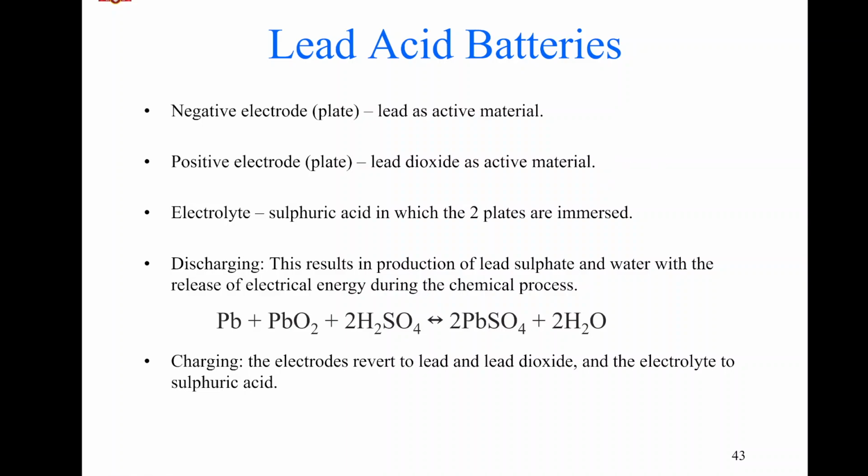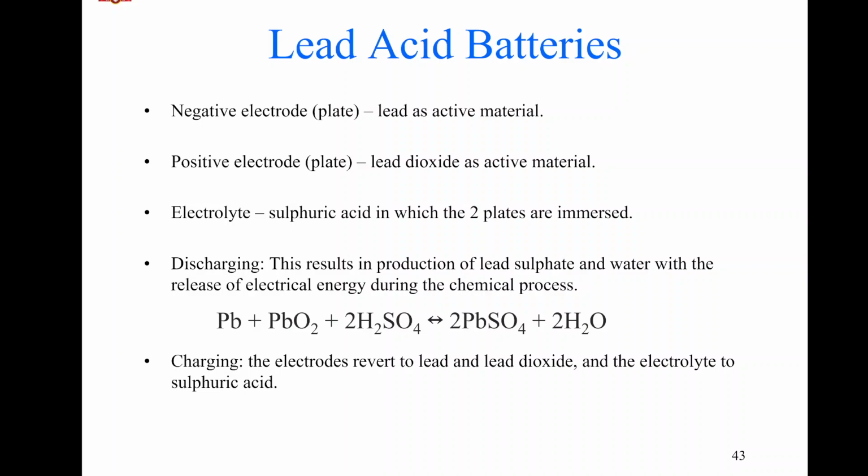Now let's take a look at various types of batteries, like the lead acid battery. Here the negative electrode is lead and the positive electrode is lead oxide. The electrolyte is sulfuric acid, in which these two plates are immersed. So the reaction here is given as follows.